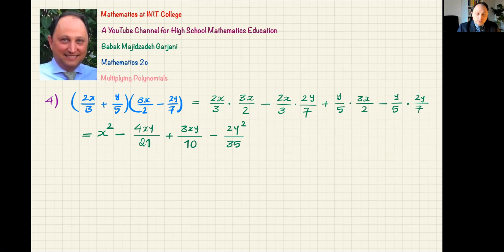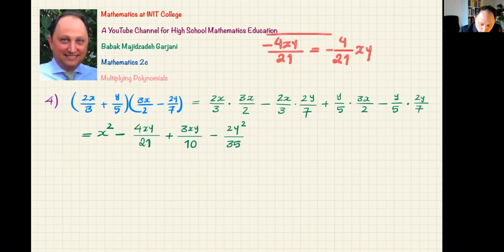Similar terms are the terms that have exactly the same letter parts, okay? But I told you, what is another name for this? Another name for this is minus 4 over 21 xy. This is something I really want you to understand immediately. Do you have any problem understanding this?